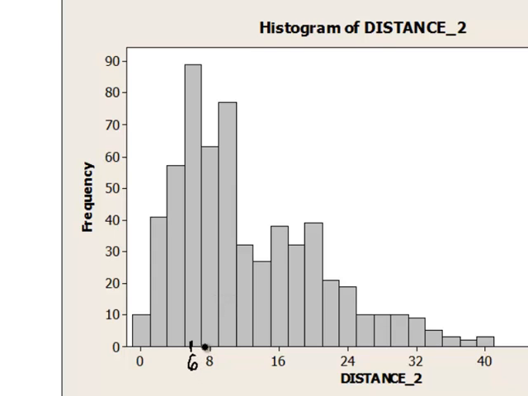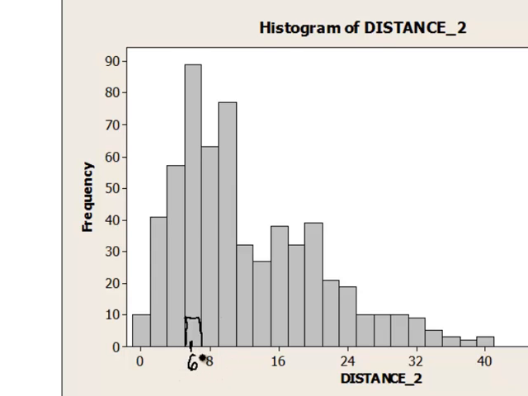Now, it would be incorrect to say that there are about 90 students who have a distance away from home to Cincinnati State of 6 miles. The reason why is this bin is a class. It has an upper limit and a lower limit, and 6 is just the midpoint.